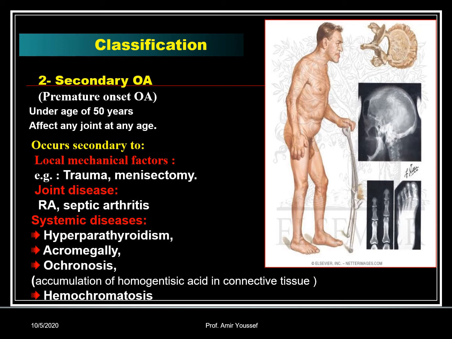Secondary osteoarthritis, or premature onset osteoarthritis under age of 50 years, can affect any joint at any age.